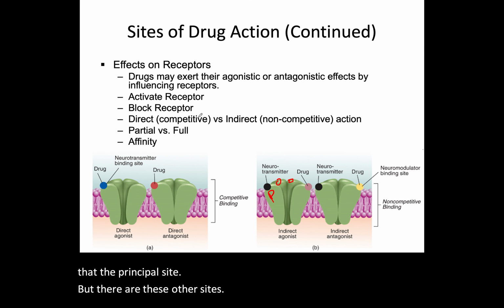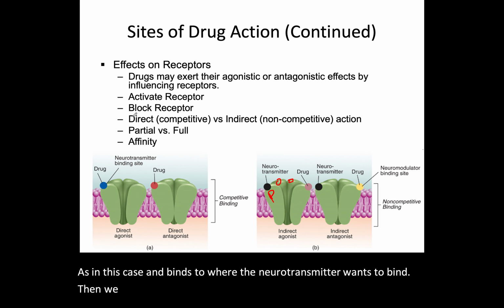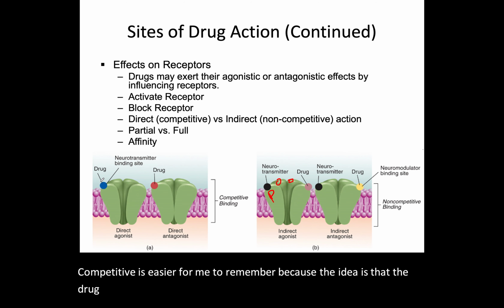If the drug binds to where the neurotransmitter wants to bind, then we call that a direct or competitive action. Competitive is easier for me to remember because the idea is that the drug is competing with the neurotransmitter for that same site, and only one of them can be in there.